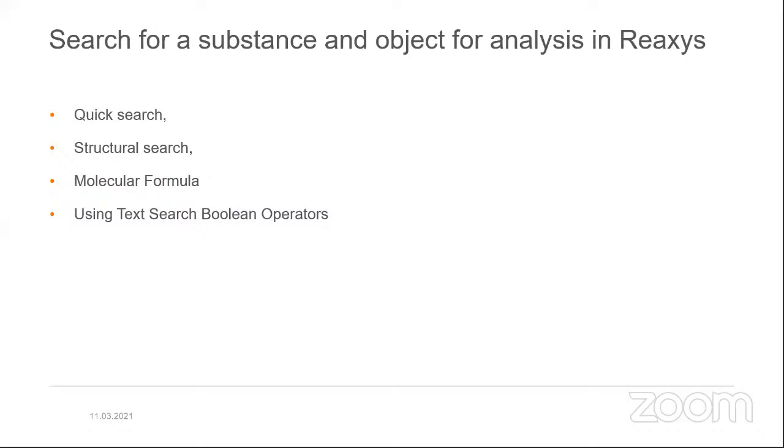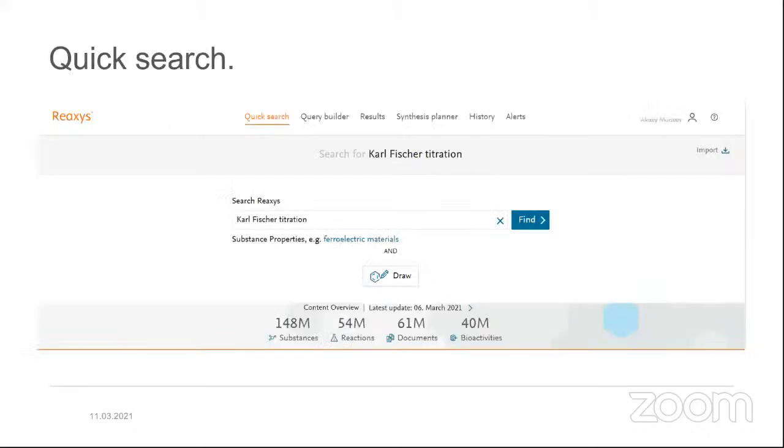Very briefly, I think a lot of our attendees know how to use quick search, structural search, and molecular formula, but I will show these examples on the basis of analytical chemistry.